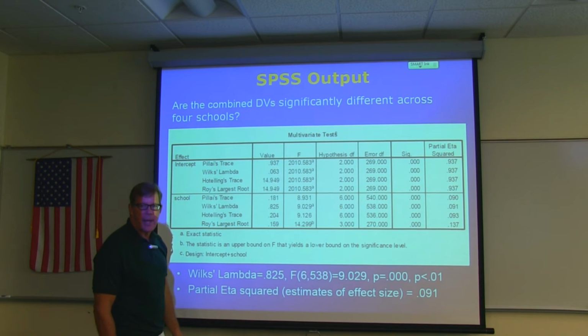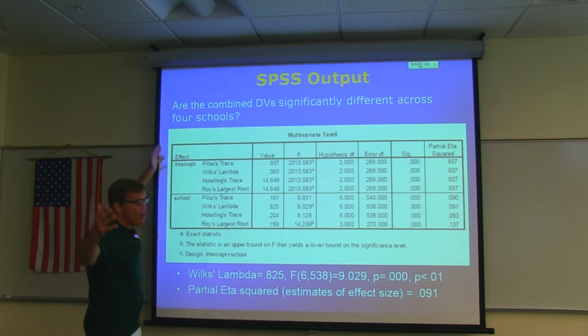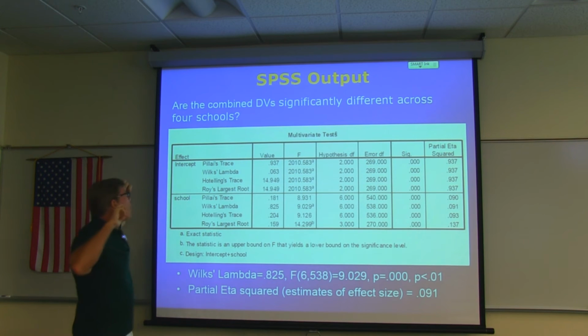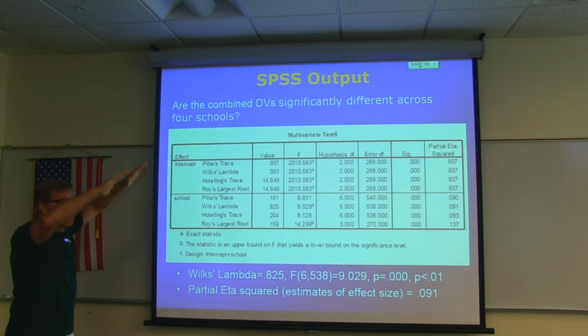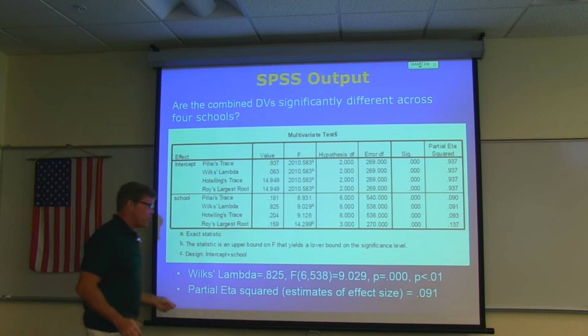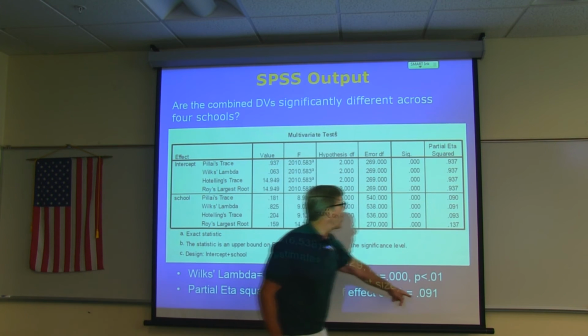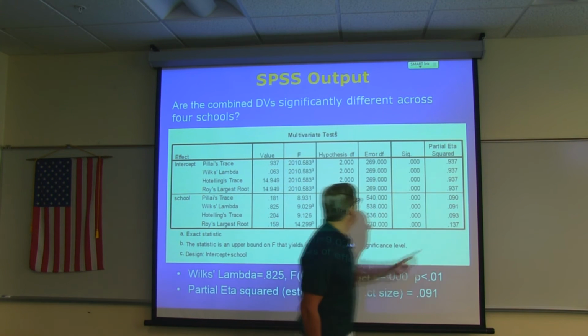What does this mean, class? It means that we have overall significance. In a real general sense, we have overall significance across all the schools on the dependent variables. Fairly small effect size, though. Fairly small effect size, 0.091, which we see right here.